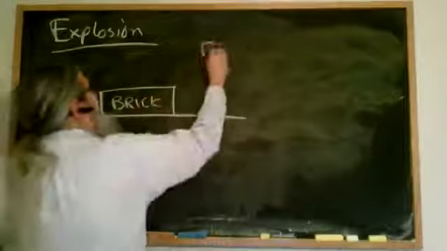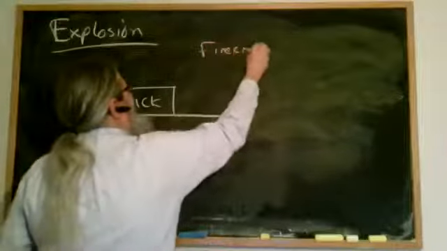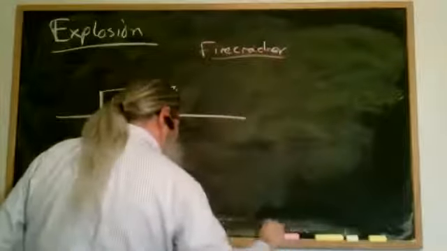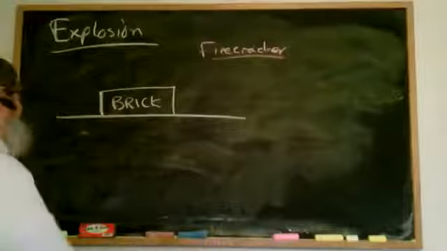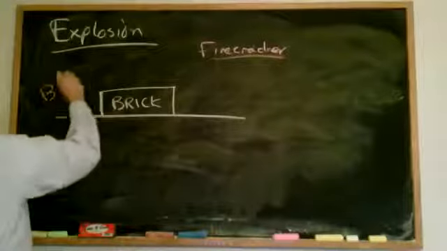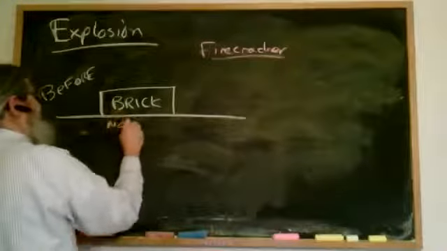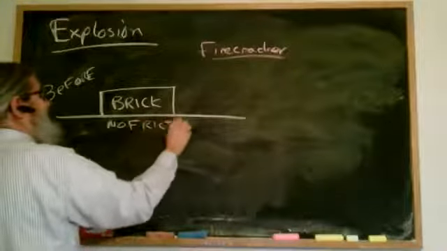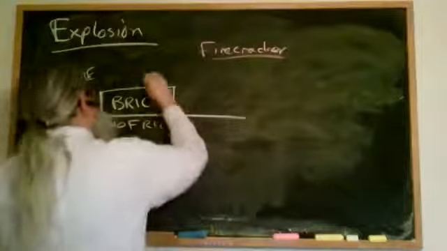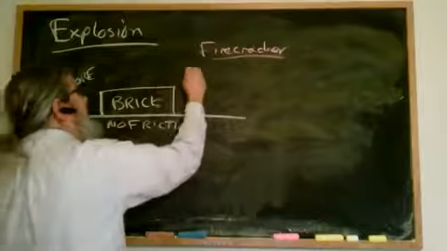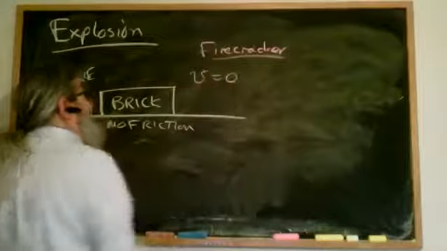Inside the brick, for devious reasons, I put a firecracker, which is to say a small piece of explosive material. And I detonate the firecracker. So this is before. On a brick, no friction, and I detonate the firecracker somewhere inside. So before, V is equal to 0, nothing's moving.